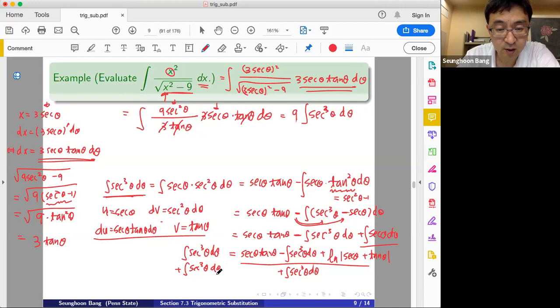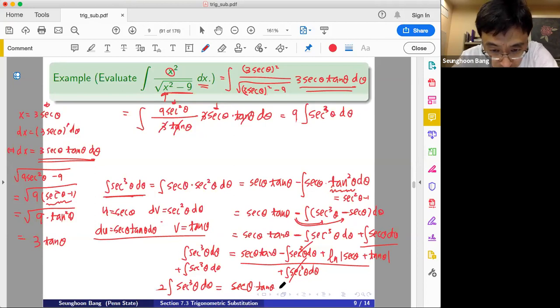So like this. So what's that? This is 2 times the integral of secant cubed theta d theta, so this is gone, exactly secant theta times tan theta plus ln of the absolute value of secant theta plus tan theta.